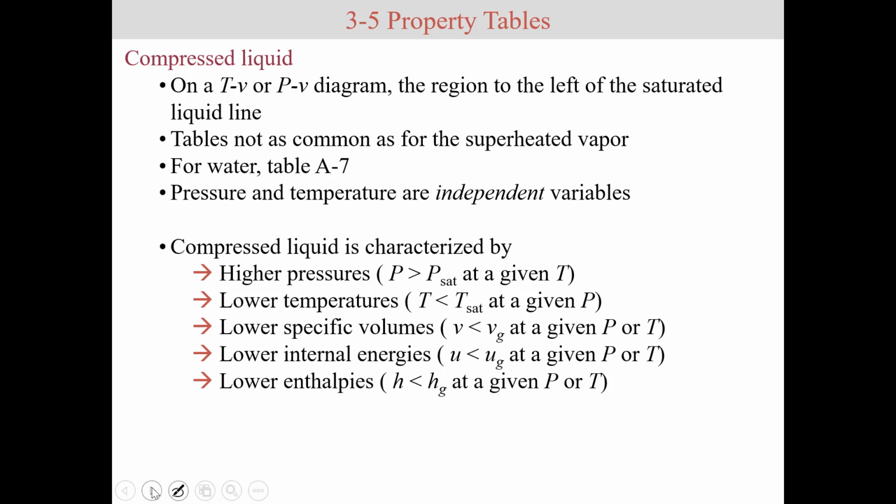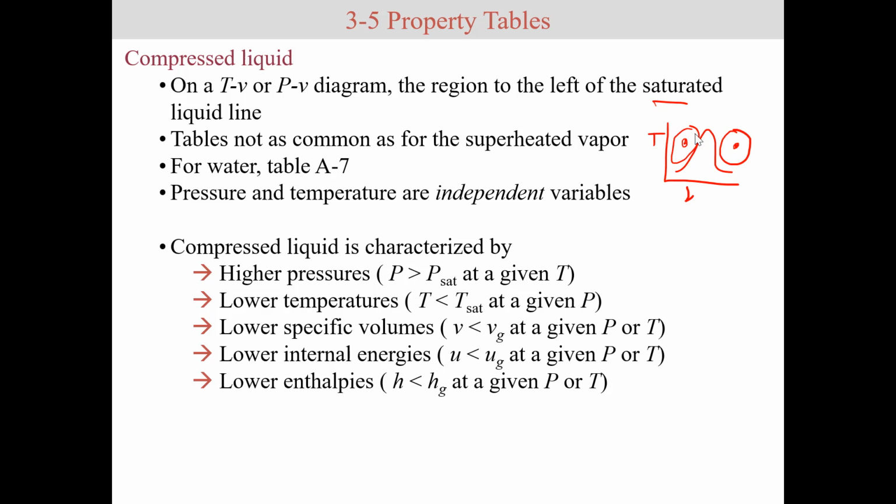The last section that we're going to be looking at here is compressed liquid. Compressed liquid is the region to the left of the saturation curve. Here, for example, is a T-v diagram. Here's a saturation curve. This area here is compressed liquid. The area that we just looked at was saturated vapor.